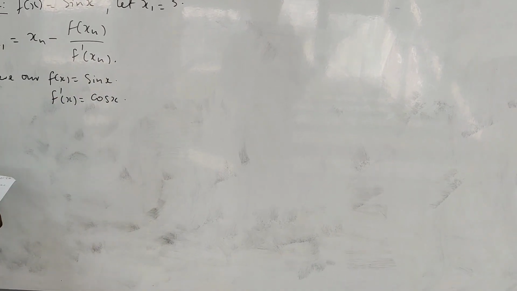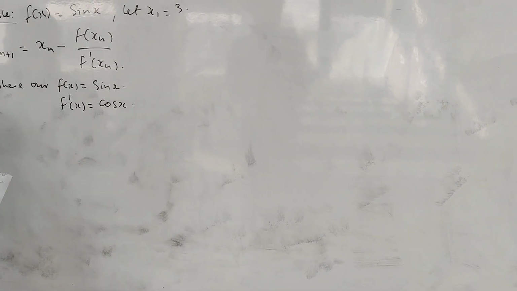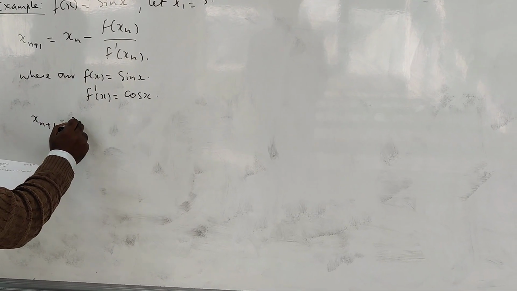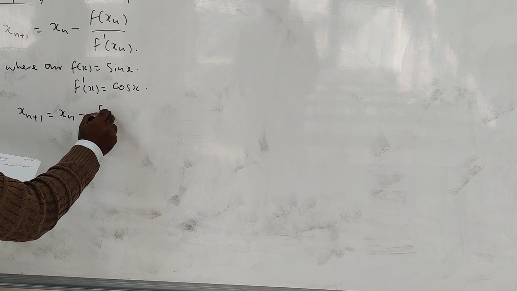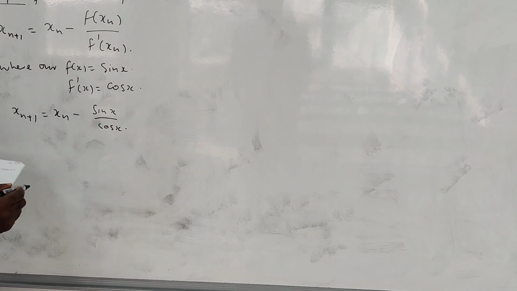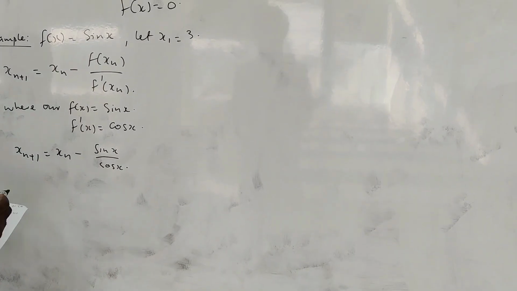Then we substitute these values into our Newton's method formula. We have x n plus 1 equals x n minus sine x over cos x. Don't forget that we have been given our x1 to be 3.